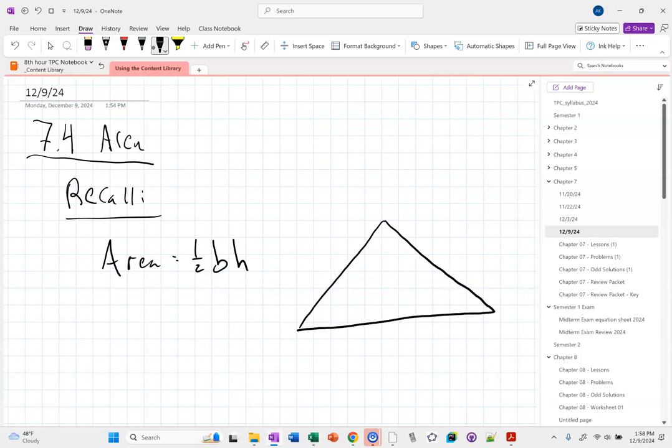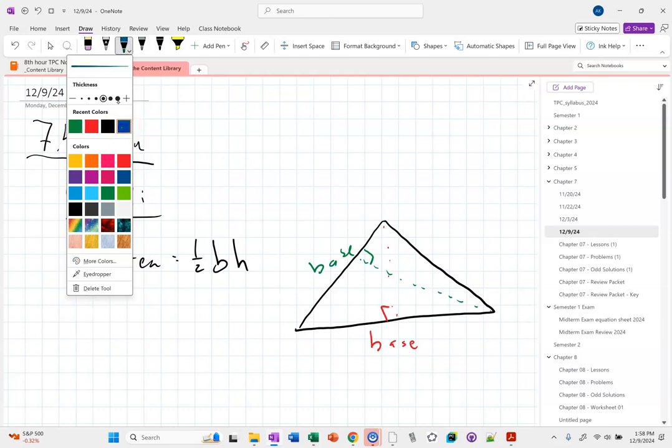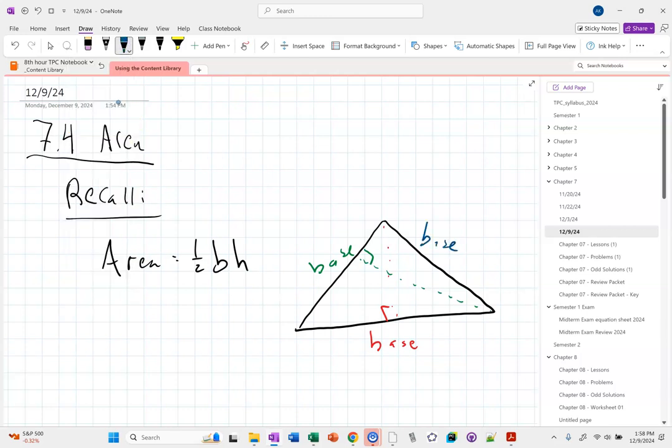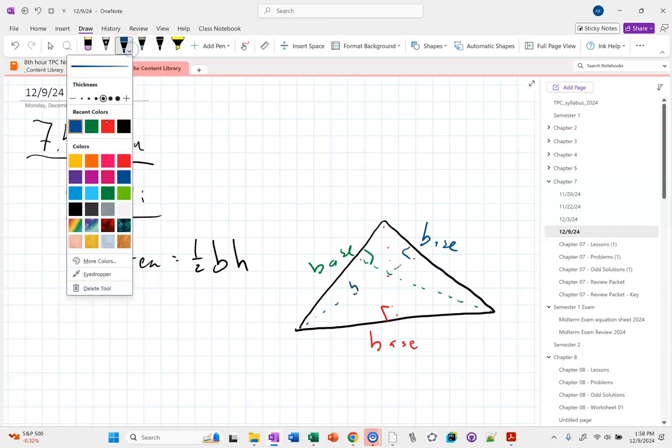The problem is that if you're given only side lengths and angle measures, the base, unless you have a right triangle, or the height, unless you have a right triangle, is not going to be a side or an angle measure.